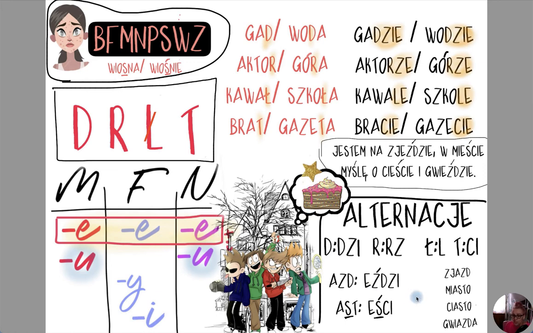So what happens ultimately, our ending for this consonant in locative is rze. And let's look at these two examples. Aktor, an actor, masculine noun, and góra, mountain or a hill in Polish, a feminine noun. Again, we're dropping off a. We've got r, aktor already, the consonant that's ending that noun. So what is the version of these two nouns in locative?